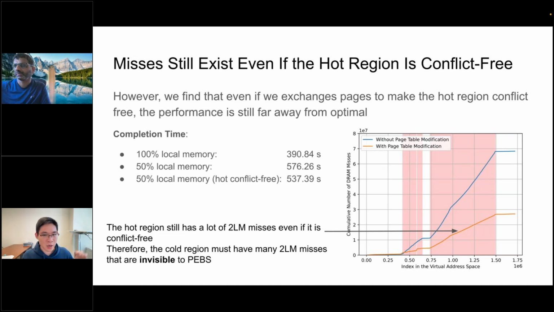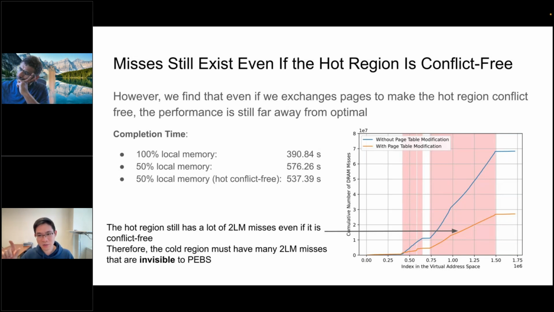Another thing we observe is that if we again look at the DRAM miss distribution in the virtual address space, even if we make the hot region conflict free, we still see a lot of 2LM misses in the hot region. What this indicates is that because the hot region is now conflict free, the only possible explanation is that it conflicts with the pages outside the hot region.